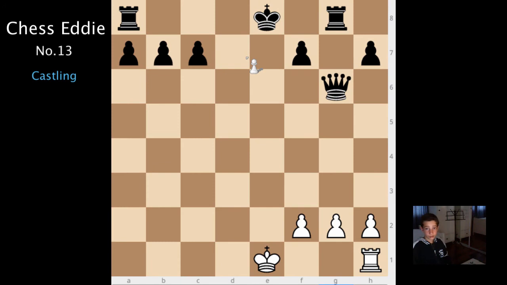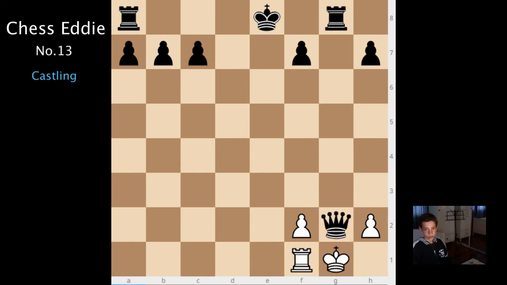Okay, so I'm back, with my explanation of why castling isn't really that good. In this position, black is way ahead in pieces, material if you want to call it. If white castles in this position, he's in big trouble because of this checkmate.